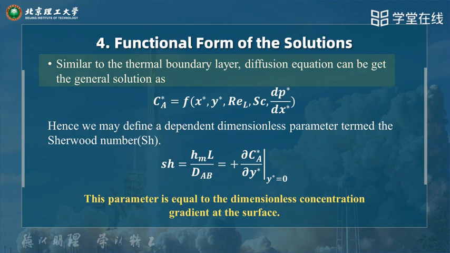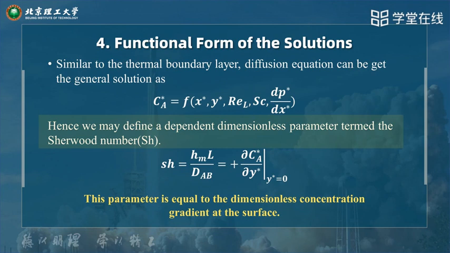Similar to the thermal boundary layer, the diffusion equation can give the general solution. We can guess the solution like this. It is related to x star, y star, Reynolds number, Schmidt number, and pressure gradient.